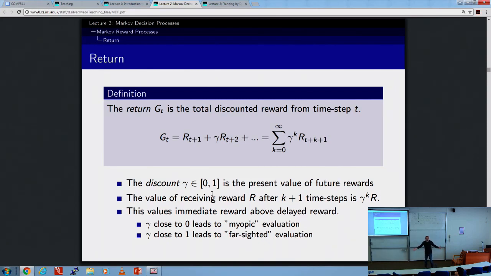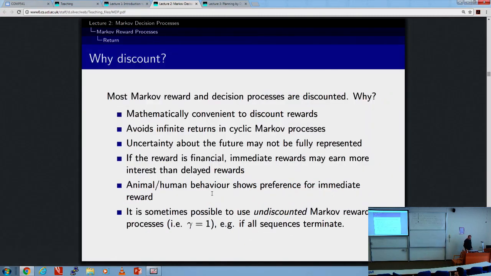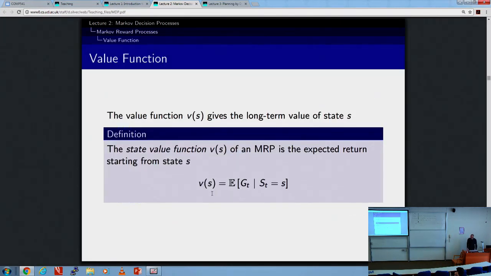At the end of an episode, we can say, oh, this was all your rewards, and in the beginning of time, this was your G_t. But before the fact, we can only talk probabilistically about G_t. So we can say, if you're in state 1, what is your expected G_t? Expected return. And that's actually the definition of value function.